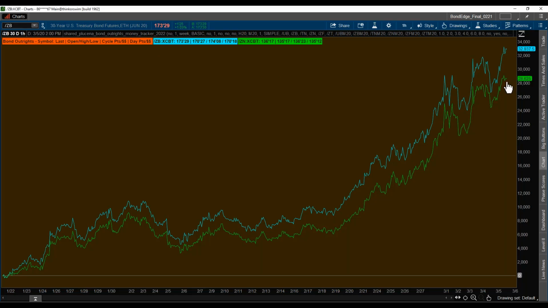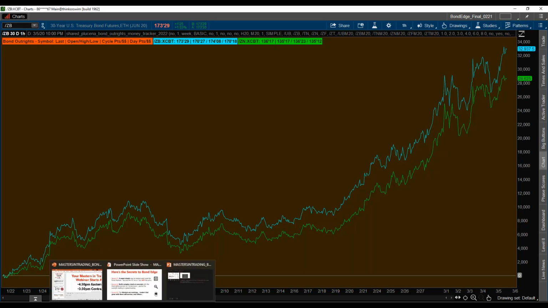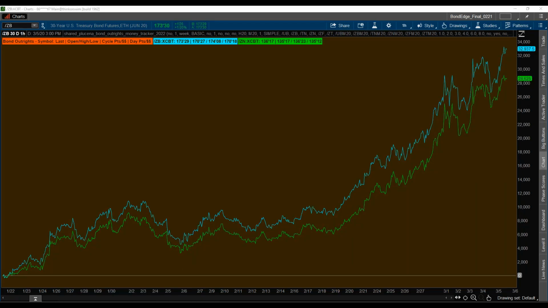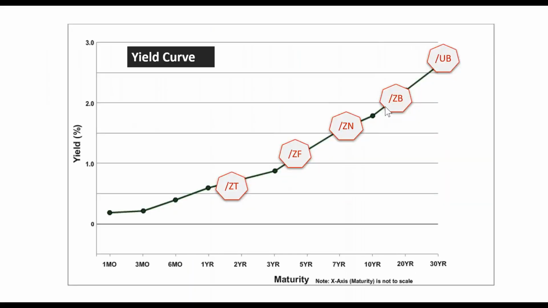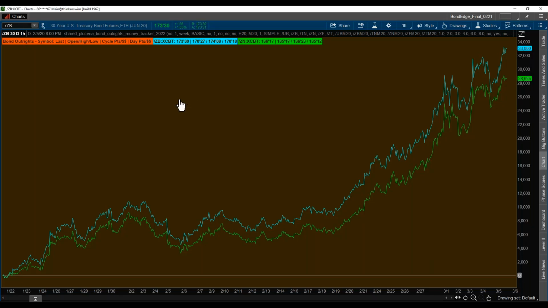You see the difference between the 10-year and the bond? 4,000. What we do is look at these different spreads. Because earlier when I showed you the yield curve, all this is is ZNZB, just the difference of these two. So ZNZB, we can follow that difference by doing that.